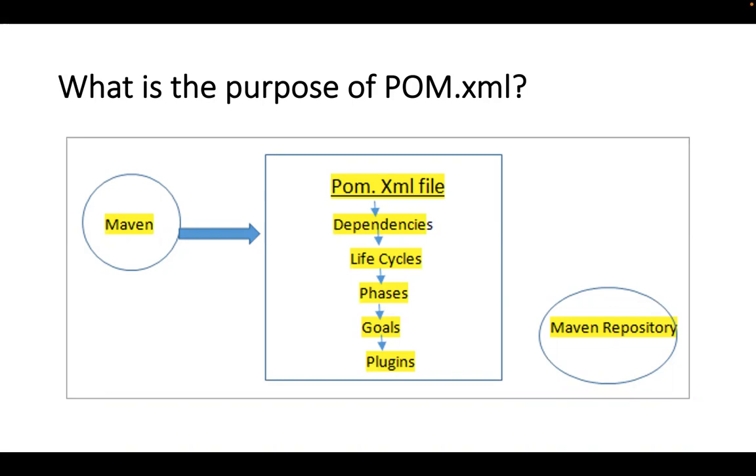Like, first we will write code, then we will compile the code, then we will make it a jar file. Like that, we can define the life cycle or goals. But as a part of testing, we'll be using it for managing dependencies. Sometimes we'll be executing the plugins as well. That part is sufficient for the testers.